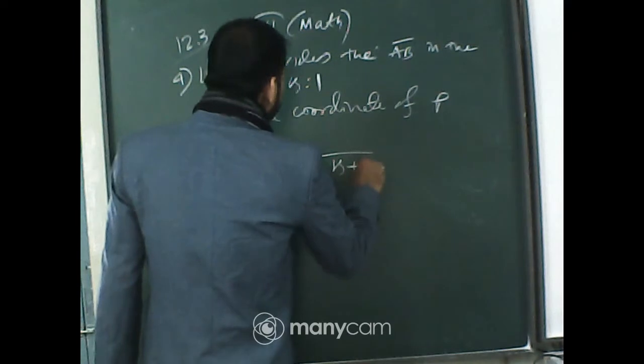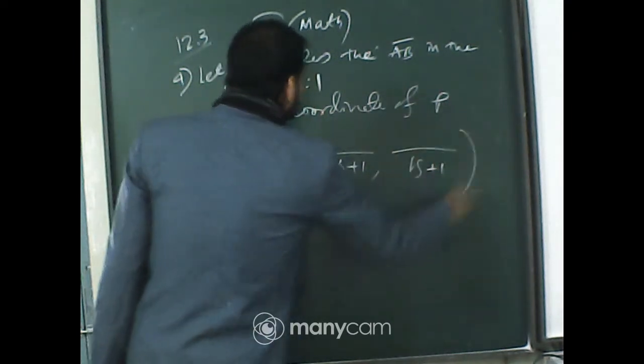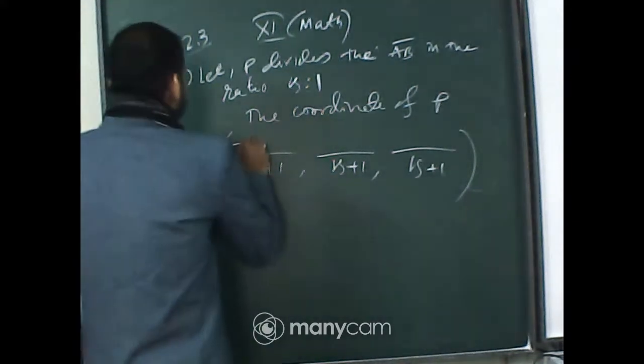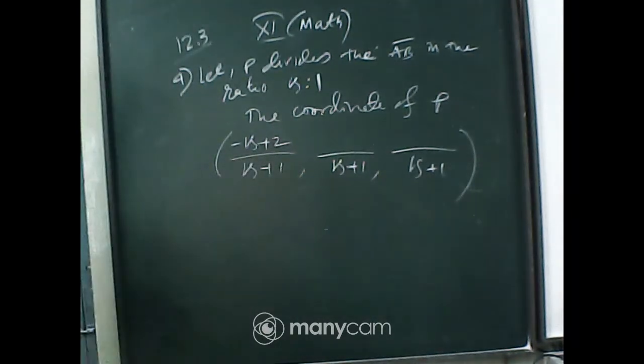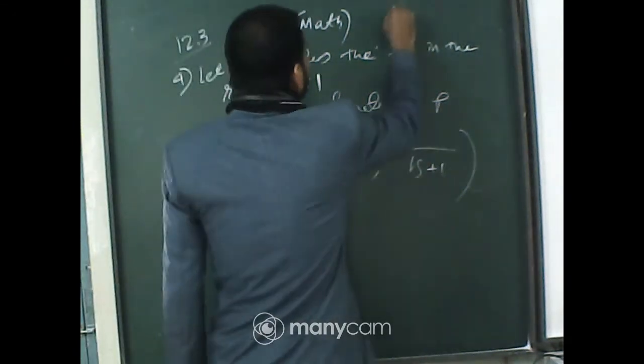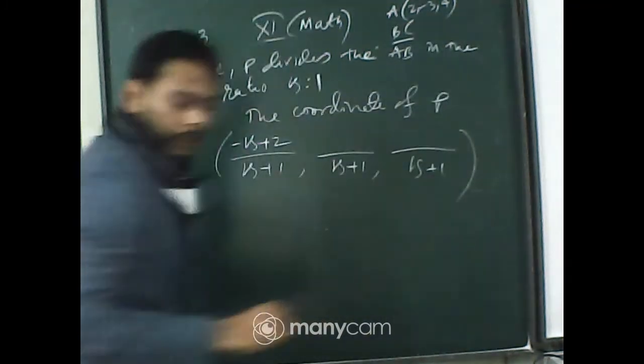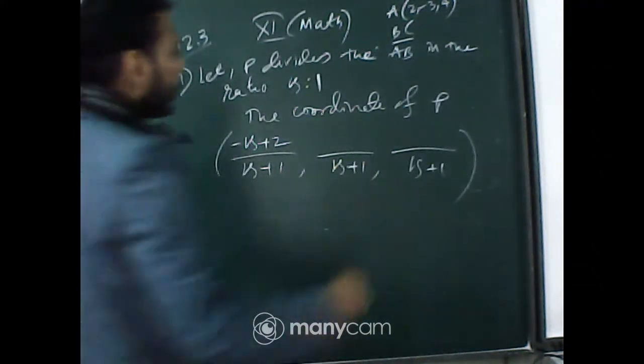All the denominators will be K plus 1, and in the numerators it will be first of all minus K plus 2, K into minus 1. Just check it: the coordinate of A is 2, minus 3, 4, and the coordinate of B is minus 1, 2, 1.